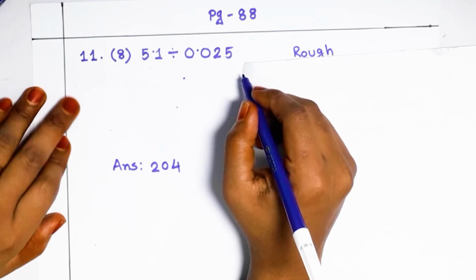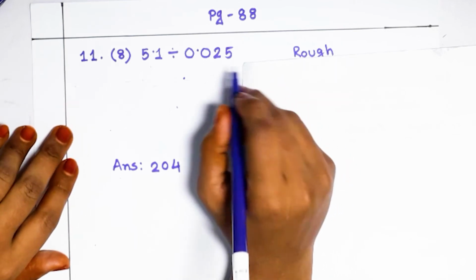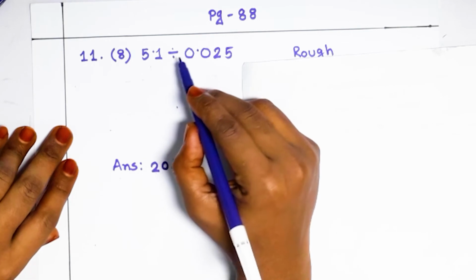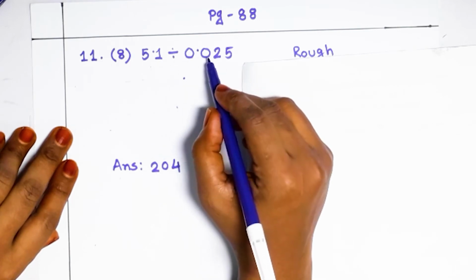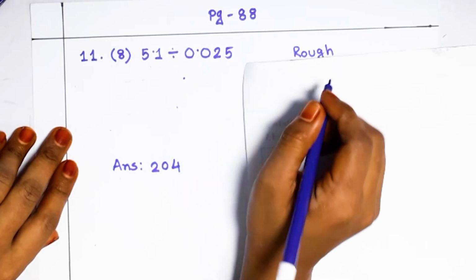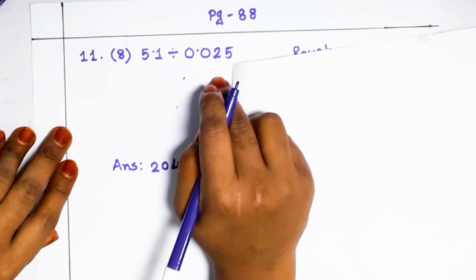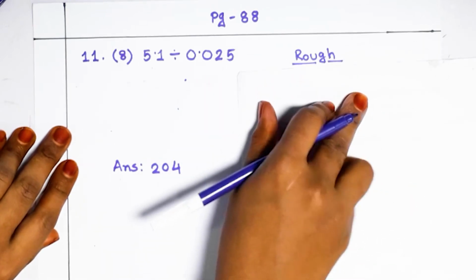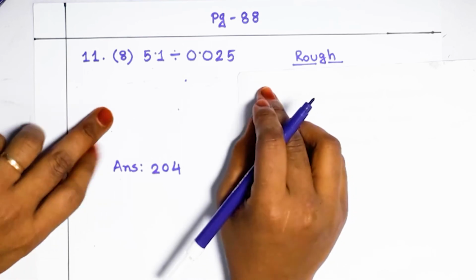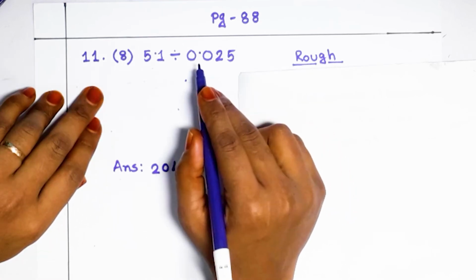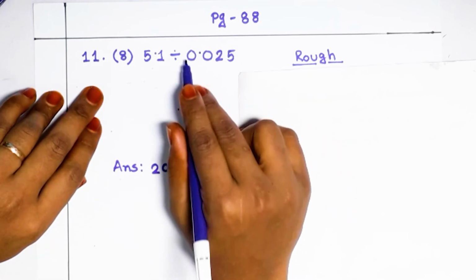Now, question number 11, sub number 8. The question is 5.1 divided by 0.025. That means both divisor and dividend have the decimal point. For this reason, we convert this divisor into an integer form.